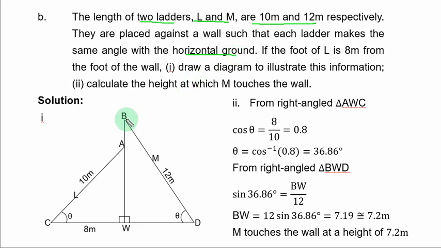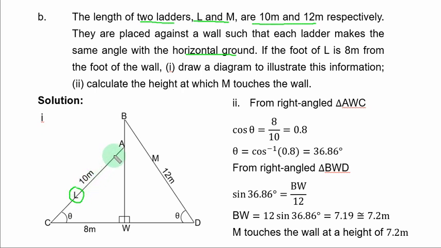So you have the vertical wall. Of course, a wall is always vertical, and that is BW. The first ladder L is placed against the wall at this point. This is ladder L. Because the lengths are different, they can't be in the same position.